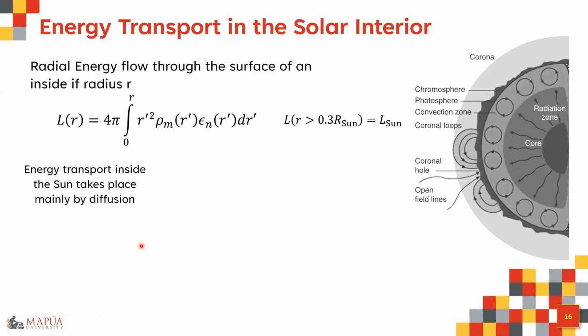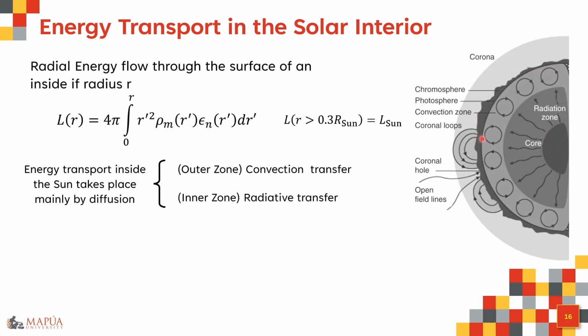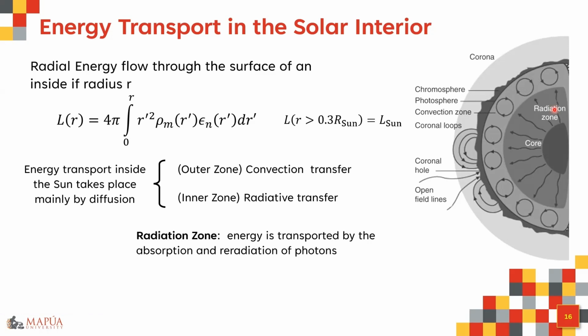The first mechanism is convection, which happens at the convection zone, and the second is radiative transfer, which happens at the radiation zone. So let's start with the radiation zone now.